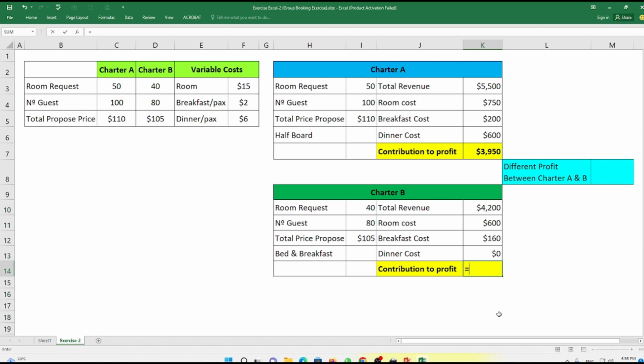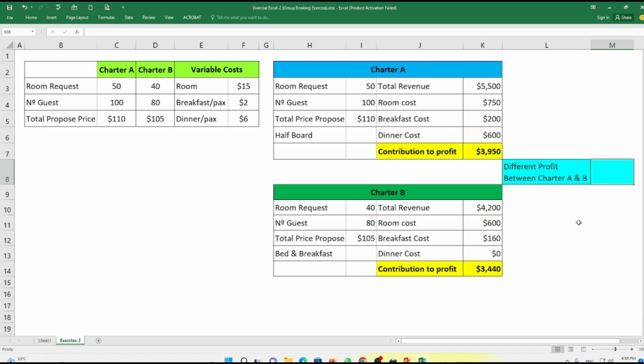So let's calculate the profit contribution. 4,200 minus room cost minus breakfast cost, and dinner cost is 0. So the profit of charter B is 3,440, while charter A is 3,950.